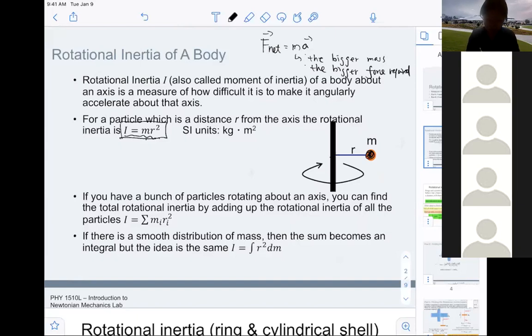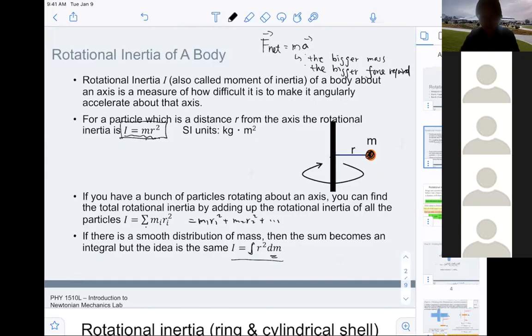So m1 r1 squared plus m2 r2 squared, and m3 r3 squared if you have 3 masses, and so on and so on. If you have a continuous mass distribution, we know that little m becomes dm, and instead of a summation, you do an integration. So that is how you will calculate rotational inertia in different scenarios.